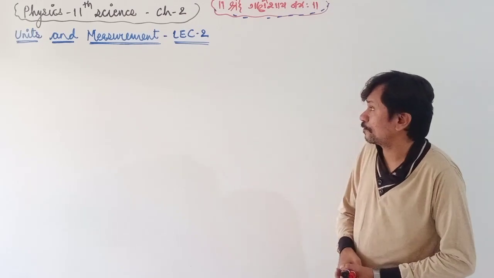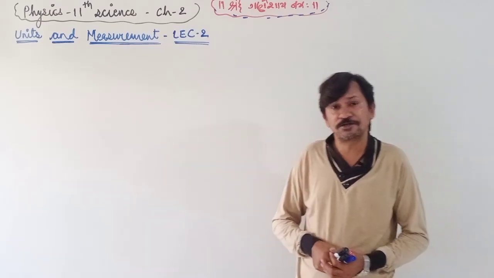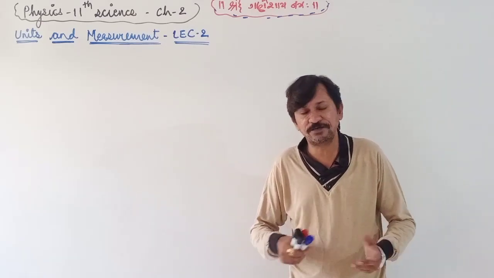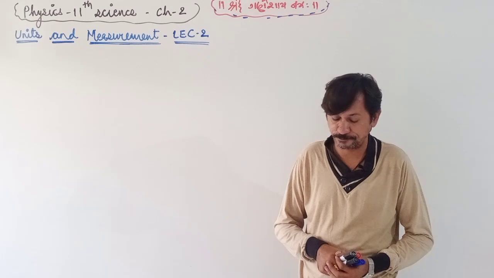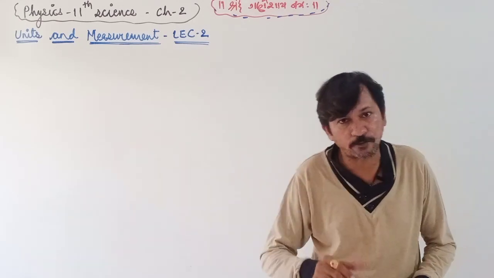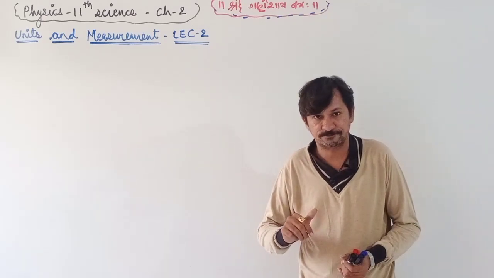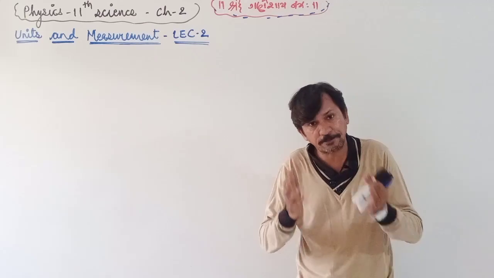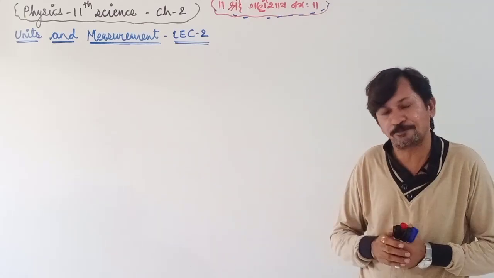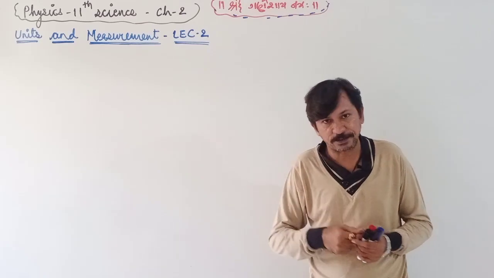In fact, for measurement in physics we need many physical quantities. I hope you know the word physical quantity and you can give me many examples. You got many examples. You know many physical quantities. Let us revise.